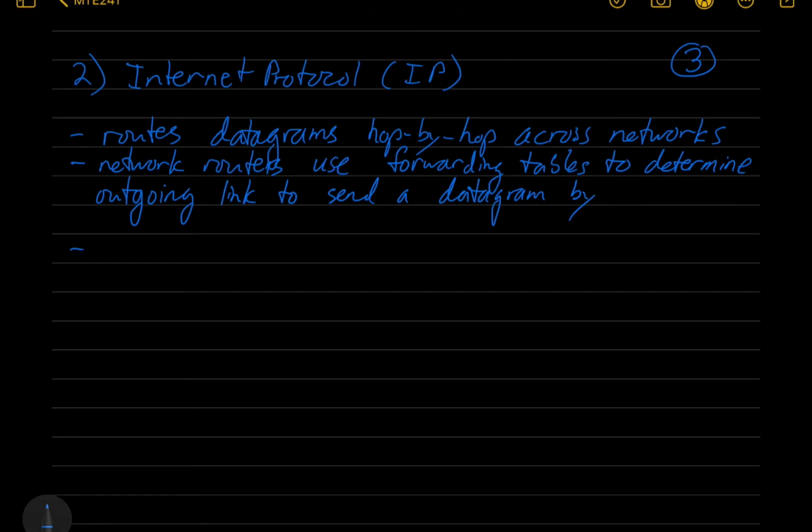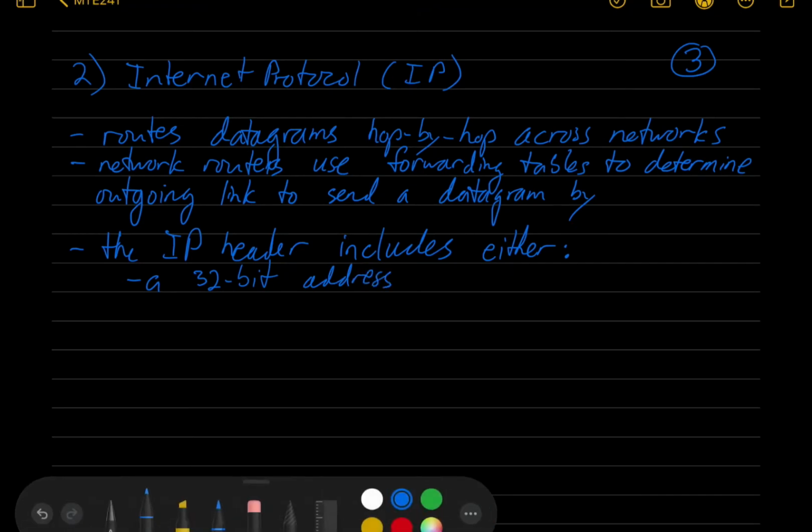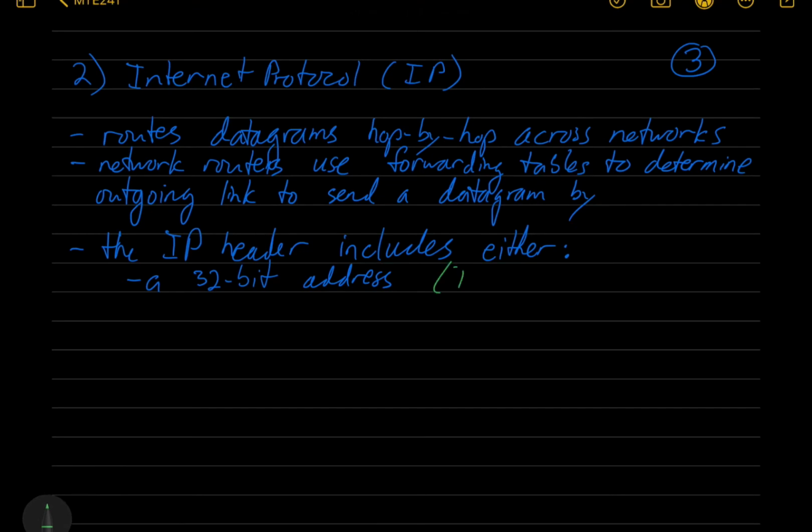So the IP header includes either a 32-bit address, and that would be for the IP protocol version 4, which has been around since the early 80s.